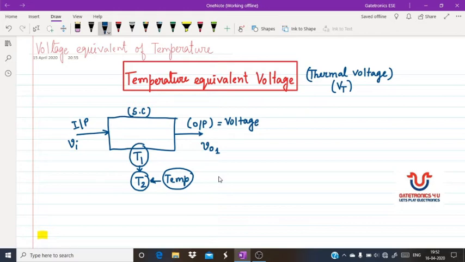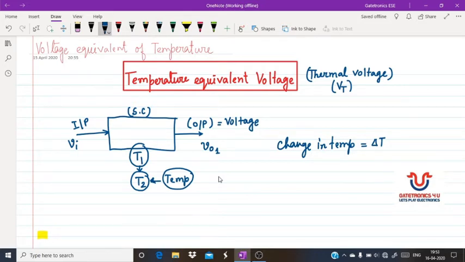Now, we have changed the temperature, that is the change in temperature. Let us assume that it is del T. And for this change in temperature, there must be a change in the output voltage. So we have to convert this information, that is the change in temperature, to an equivalent voltage.